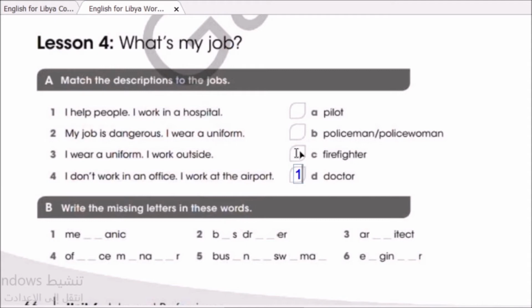Very good. C, firefighter. Number 3, I wear a uniform. I work outside. Which one do you think it is? Very good. A policewoman or policeman. And the last one, I don't work in an office. I work at the airport. So it's a pilot. Good job. Let's move on. Next question.